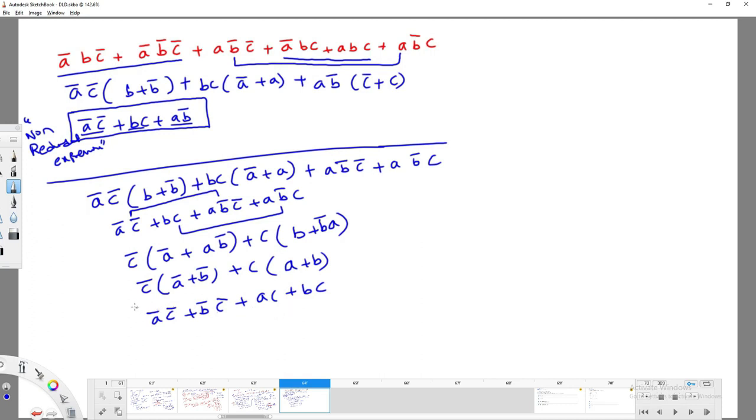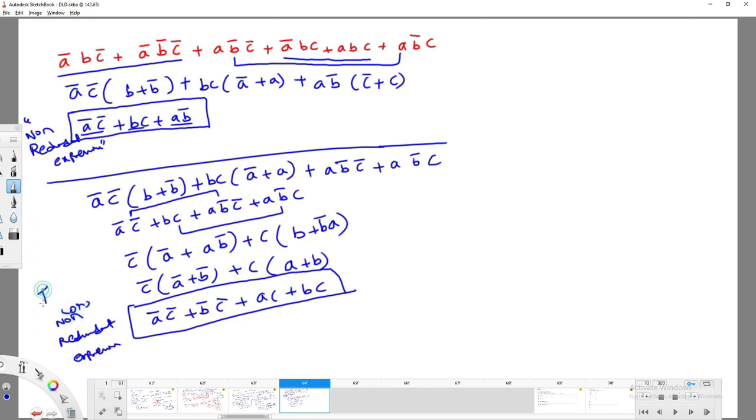So I can say that this is one more non-redundant expression, or I can call it an irredundant expression also. Irredundant means that I couldn't reduce it further. So is there any solution further? If there is, you can tell me, no problem.